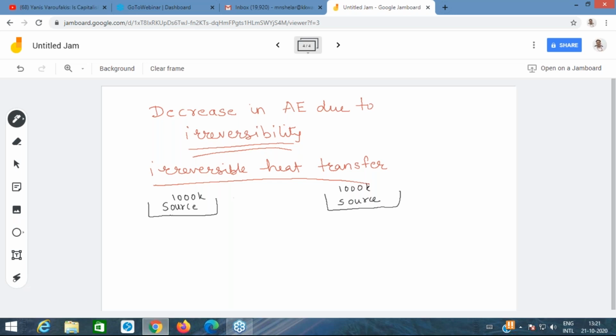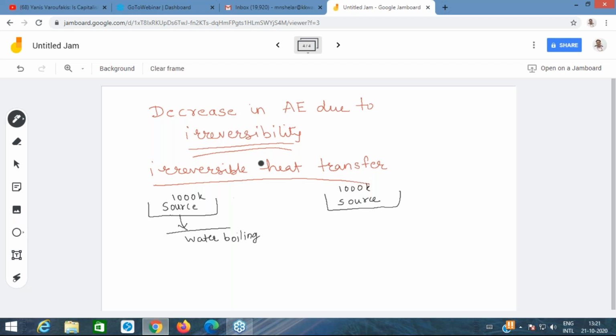And this source is transferring the heat, let us say, to the water which is boiling in the boiler. Yesterday you had a discussion on what is a boiler.